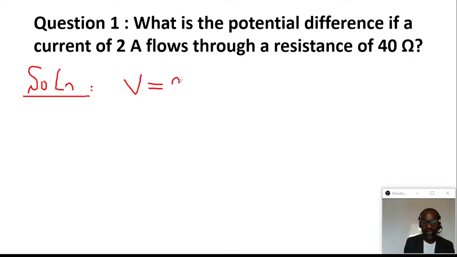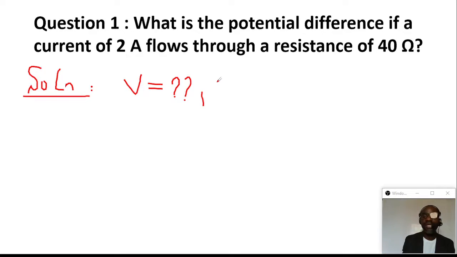Then I always like to use double question marks to emphasize the importance of the quantity we are looking for. We are looking for potential difference.